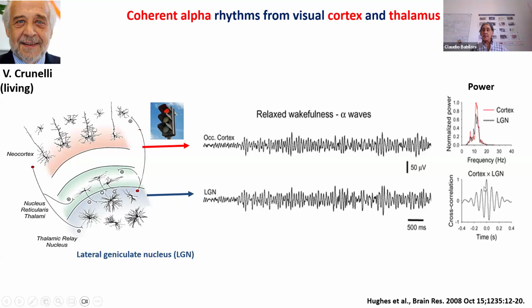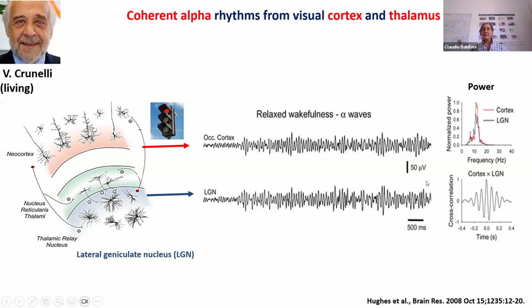Under the power density spectrum, there is a graph showing the cross correlation between the local field potential from occipital cortex and lateral geniculate nucleus. And you see that the higher correlation, almost perfect correlation, is observed in signals at the same phase, without any time shift.